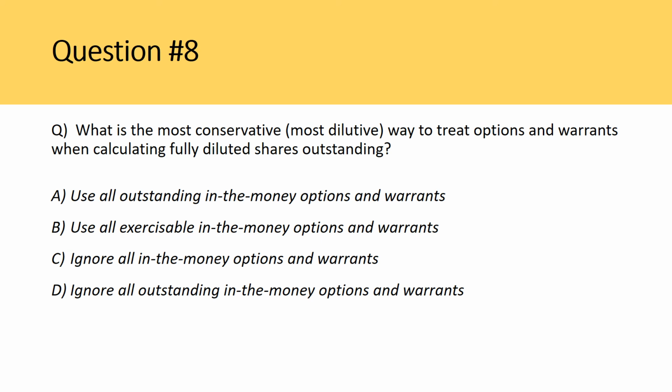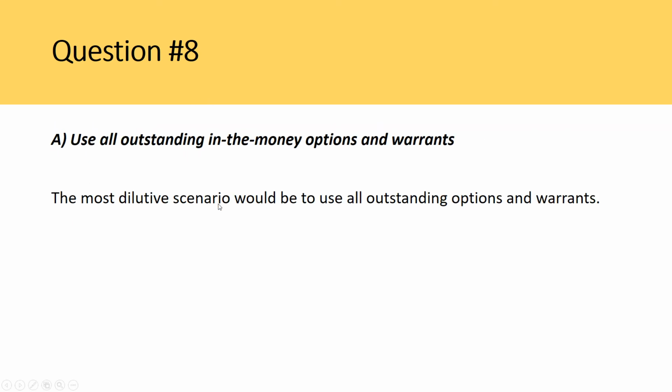Either we can include the vested options or the vested plus unvested options. So do we include all outstanding in-the-money options and warrants, or only all exercisable in-the-money options and warrants? With all outstanding, which are vested and unvested, it is much more dilutive, so it's much more conservative. And so in this case, it would be A. We would use all outstanding in-the-money options and warrants.